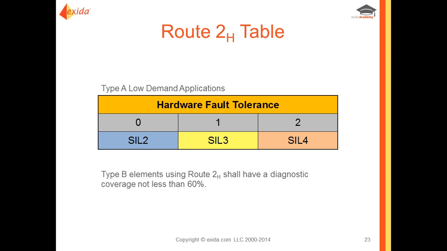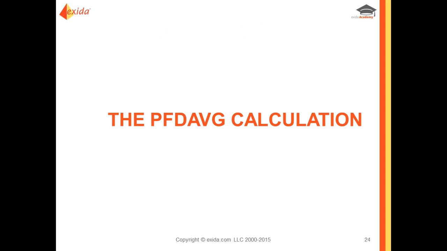This means it's possible for a final element to meet the architectural constraint of SIL 2 with a hardware fault tolerance equal to 0. So you can use a final element assembly that meets the requirements of 2H in a SIL 2 system if the systematic capability and the PFD average calculation also meet the SIL 2 level.